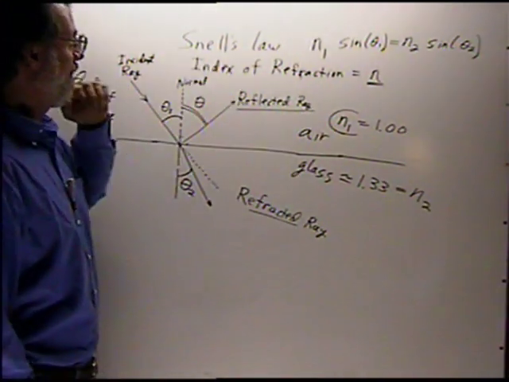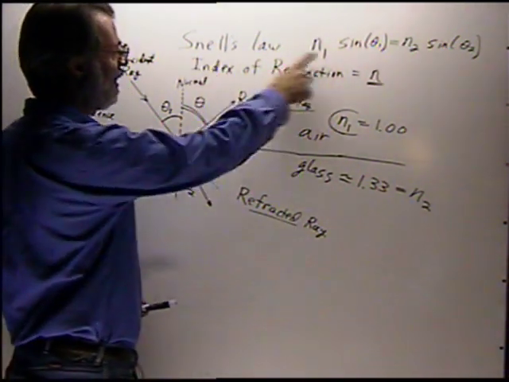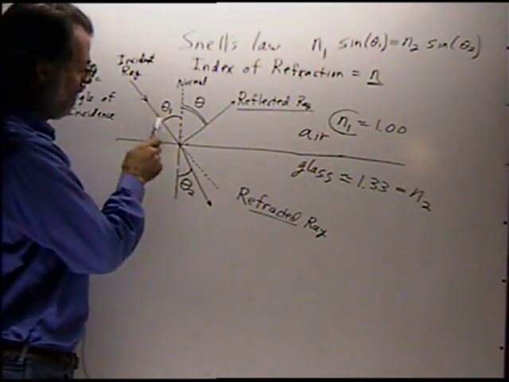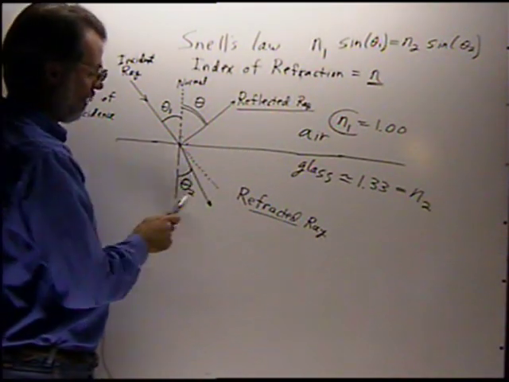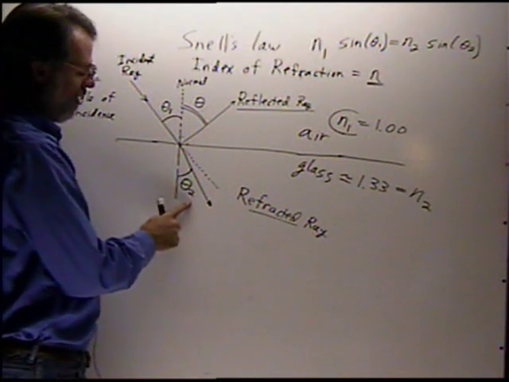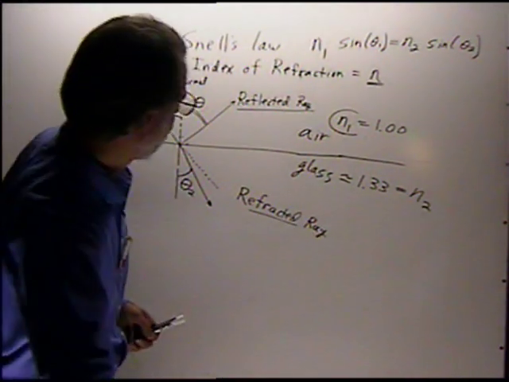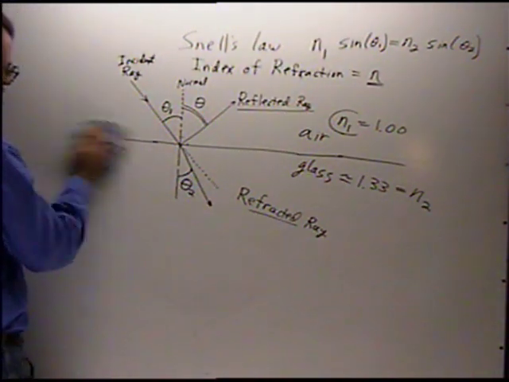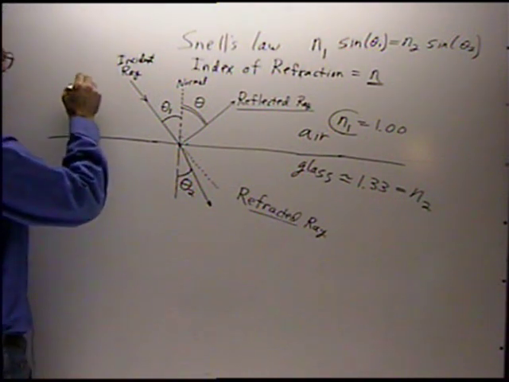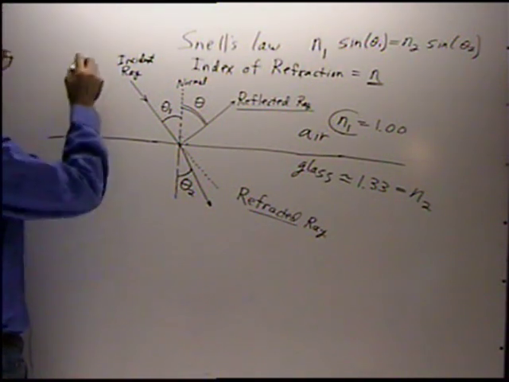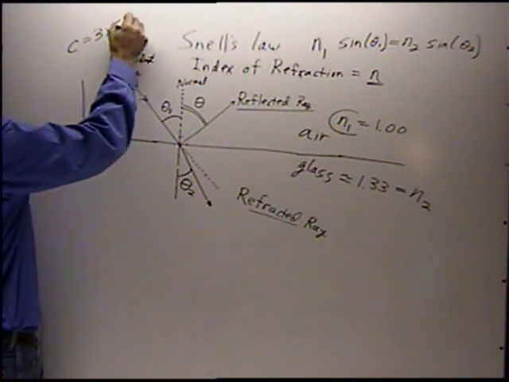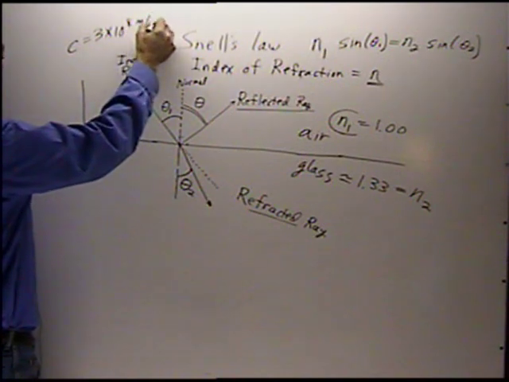Okay, Snell's law. Snell's law says that the index of refraction times the sine of this angle 1 for air is equal to the index of refraction for glass times the sine of theta 2. Okay, now what is the index of refraction? I'm going to come down here and say, okay, light travels with the speed of c, which is 3 times 10 to the 8th meters per second.